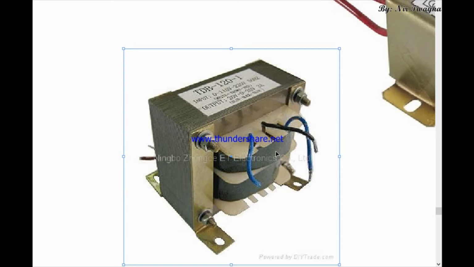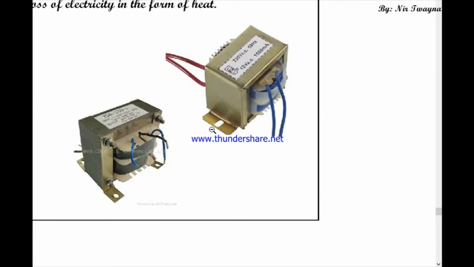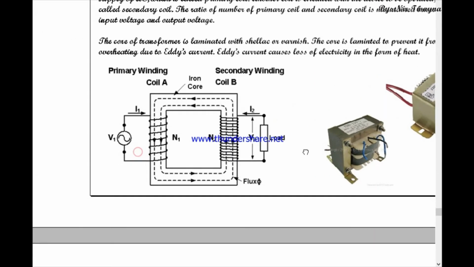Because of the alternating polarity of magnetism of the primary coil, alternating current or EMF is induced in the secondary coil. This is the primary coil, this is the secondary coil. Understood? This structure is very simple.